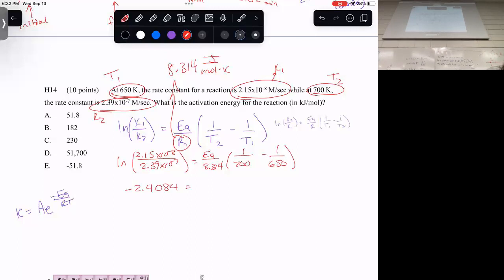Then I would do 1 over 700 minus 1 over 650, divide that number by the 8.314, and then divide that by the ln you solved.